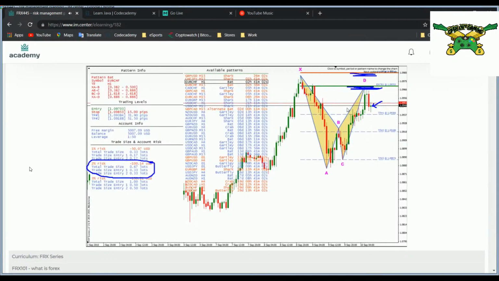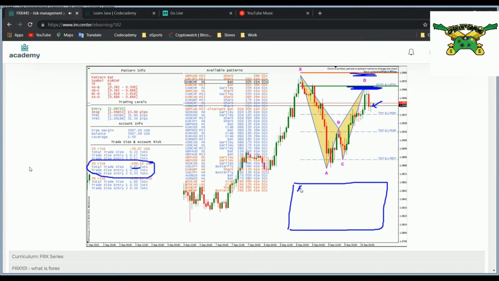So essentially you're eating up a little bit of margin, right? You're using 0.67 lots on 5,000, but right now you have no more risk, so you can go to the next trade. If you look at your portfolio, you can have a list of trades.